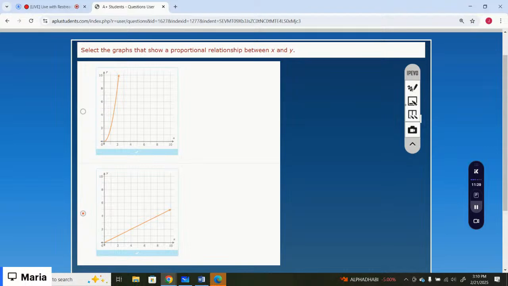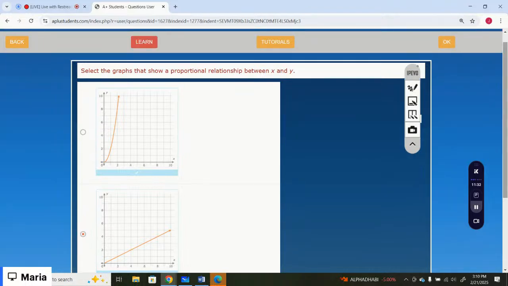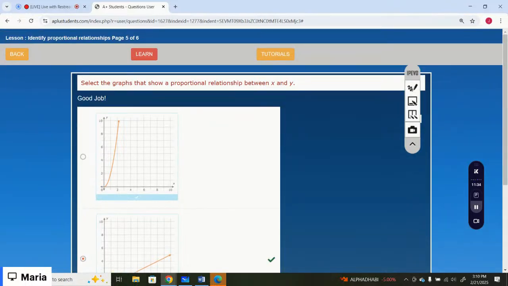That is a straight line passing through the origin. So option two is the correct option.